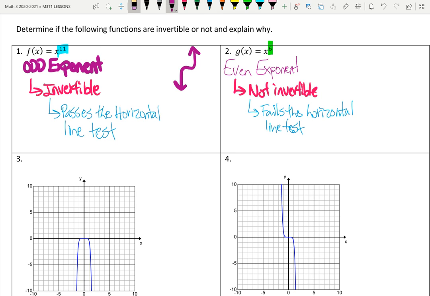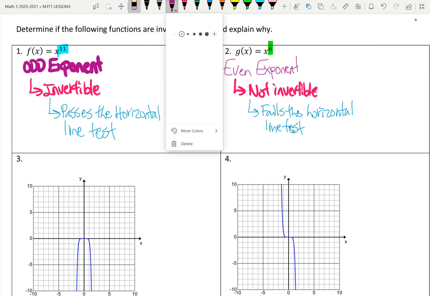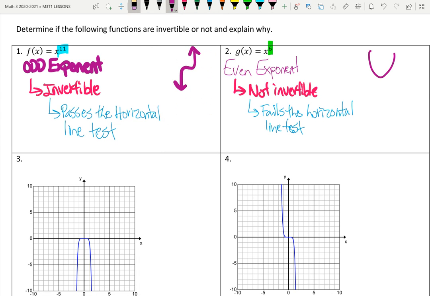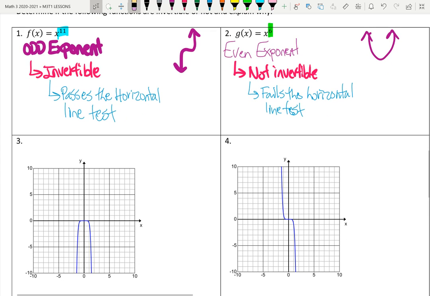It could look something like so. Let's look at some graphs. Number 3.